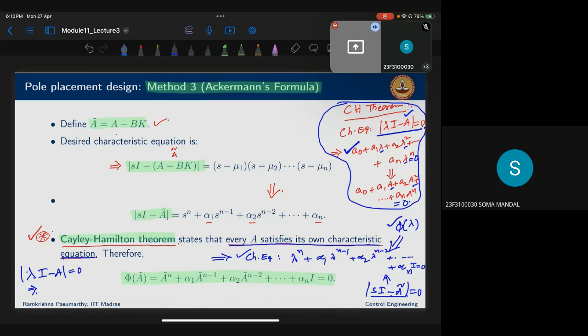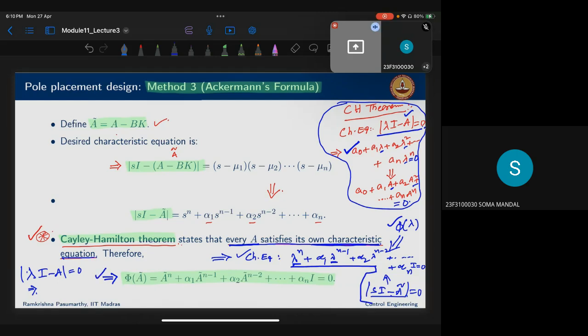The Cayley-Hamilton theorem says that every matrix A satisfies its own characteristic equation. It means that if this is the characteristic equation, then according to the Cayley-Hamilton theorem, simply you can replace lambda with matrix A. Same equation.